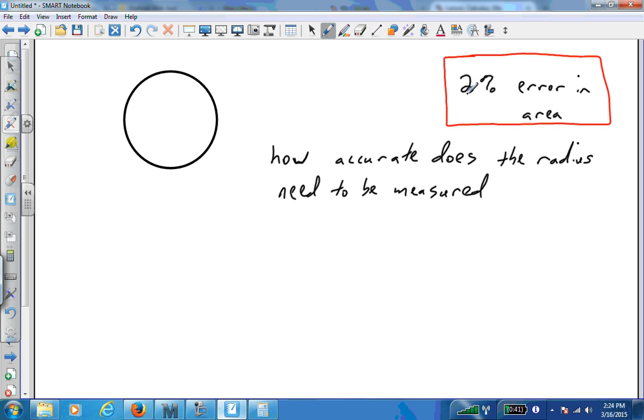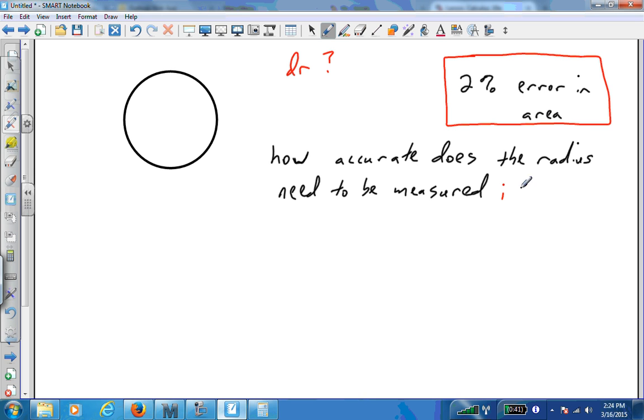But if we get beyond that value, then we have to discard the part and not use it. So how much tolerance is allowed in our radius so that we get this maximum error in our area? So how accurate does our radius need to be measured?